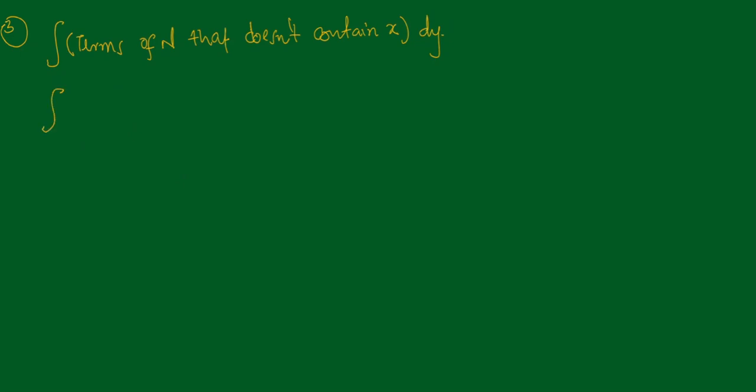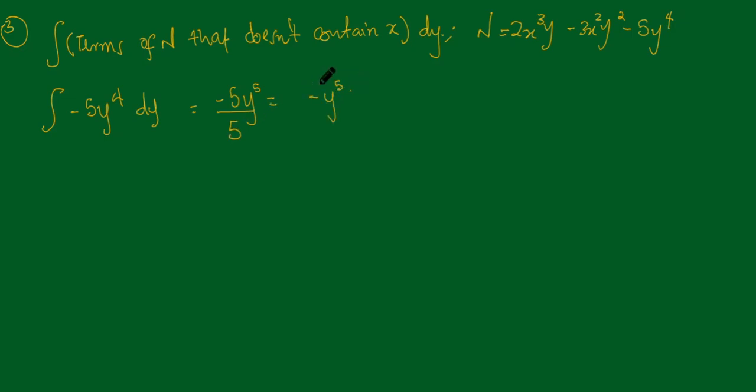Before we do that, let's recall that N is equal to 2x cubed y minus 3x squared y squared minus 5y raised to the power of 4. In this case, the only term of N that doesn't contain x is minus 5y raised to the power of 4. I'm going to integrate this with respect to y. This gives us minus 5y raised to the power of 5 divided by 5, which gives us minus y raised to the power of 5.